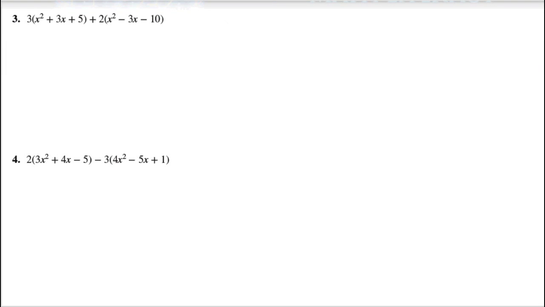Question 3. Got a little more work to do. We've seen before that if we have a number times parentheses, we can get rid of the parentheses if we multiply the number times everything inside.